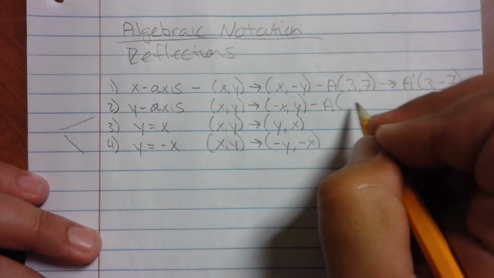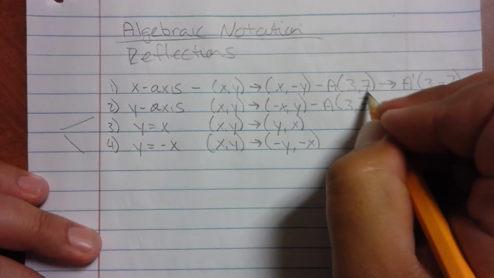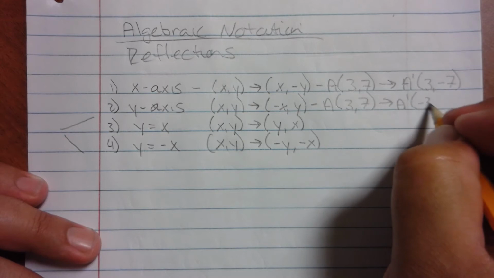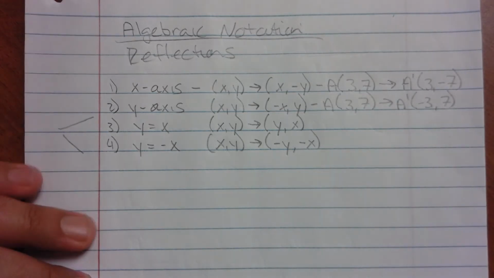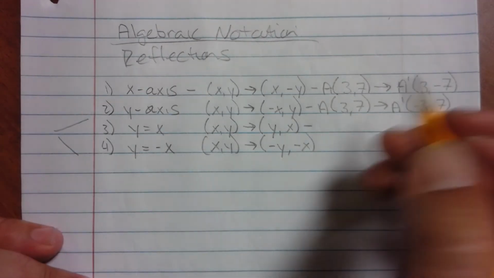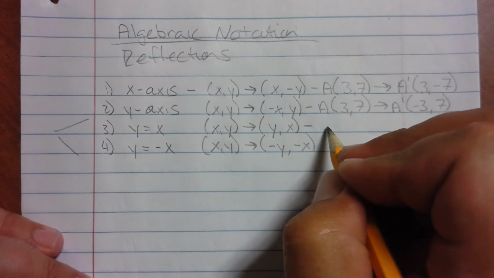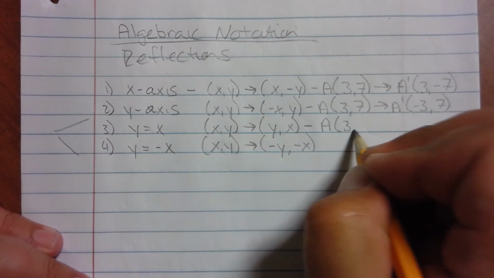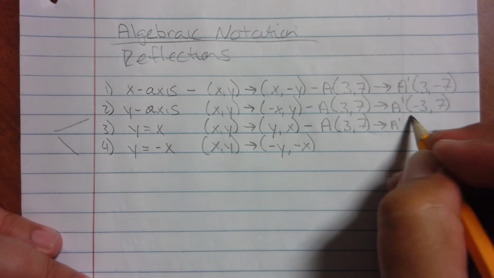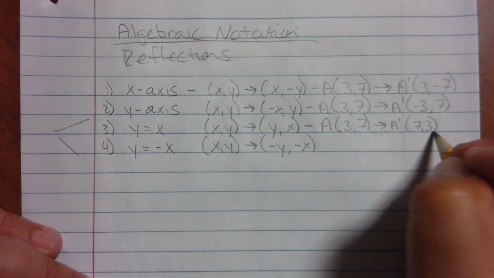If you're reflecting over the y-axis, you're changing the sign of the x-coordinate. For y equals x, 3, 7, you're going to change the order, so it becomes 7, 3.